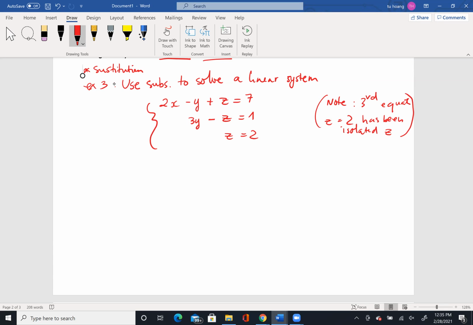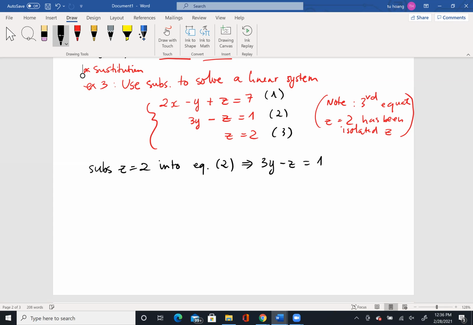So what I should do is I will substitute z equal to 2 into the second equation. Let me put, here's 1, here's 2, and here's 3. Into equation number 2 to get 3y minus z equal to 1. Now z changed to be number 2.